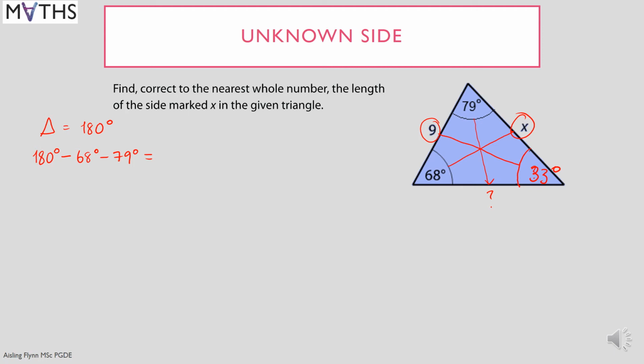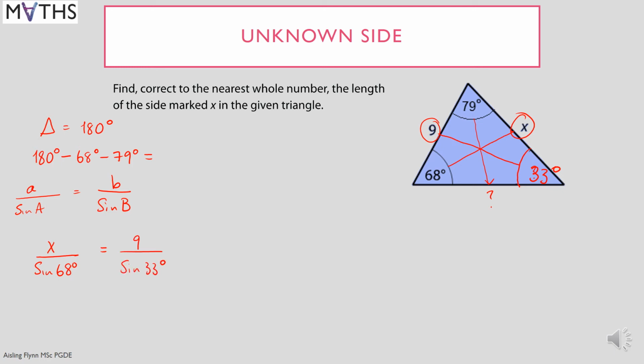We're going to use the version where the sides or the lengths are on top because our unknown x is a length. So x over sine 68 degrees should be equal to 9 over sine 33 degrees.